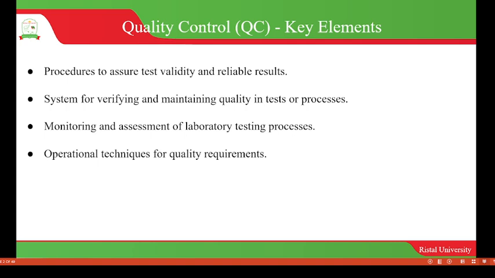So as the evaluation is being done, there are procedures which are being followed. And in quality control, those procedures which are being used for testing are always valid and reliable. In other words, they are always accurate and also they give consistent results.